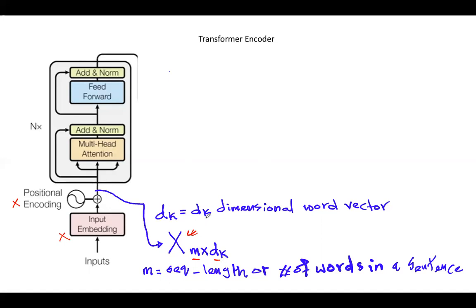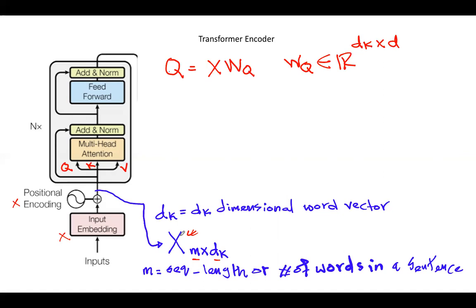Here, DK is the dimension of the word vector. As you know, each word is represented by a D-dimensional numeric feature vector, and M is the sequence length, or the number of words in a sentence. So X represents one single sentence or sequence at a time. As you can see, instead of feeding one data point at a time, we're sending the entire sequence or sentence as our input data matrix X to this model.